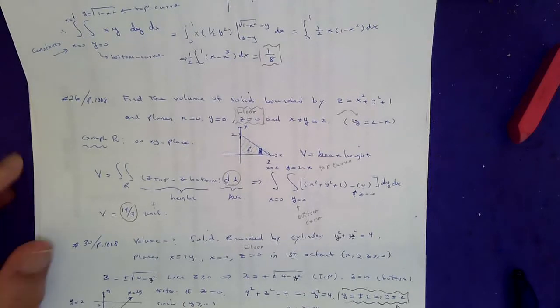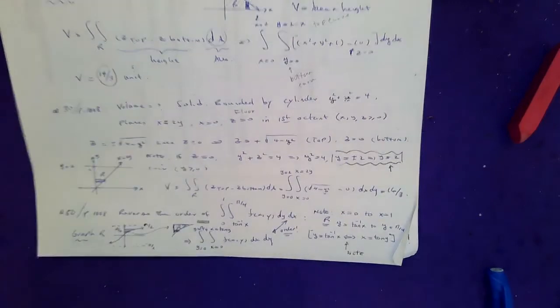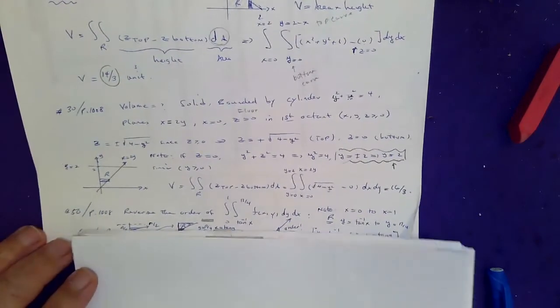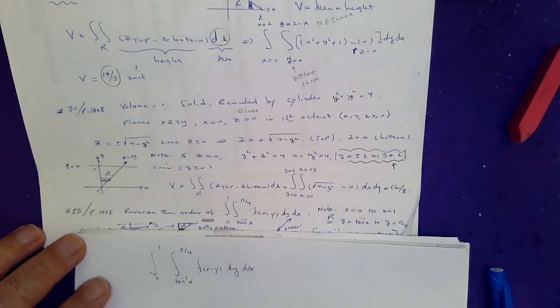So let's finish this section with one general example. Make sure we know how to do this. Suppose you were given the integral from 0 to 1, from tan inverse of x to pi over 4, of f(x,y) dy dx.